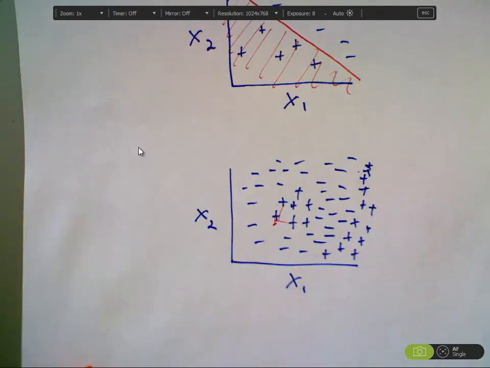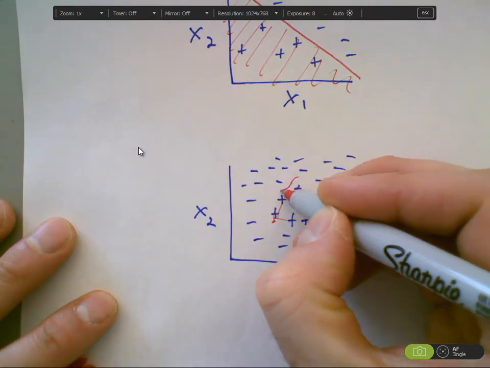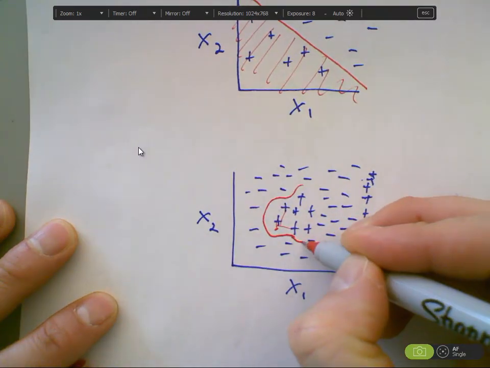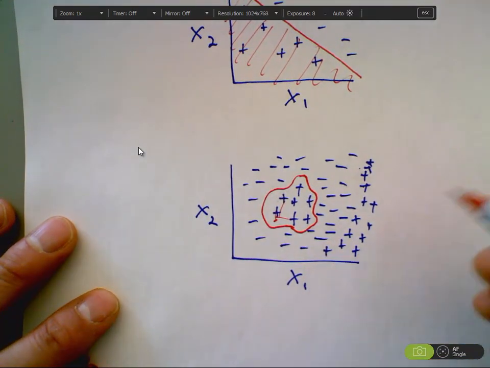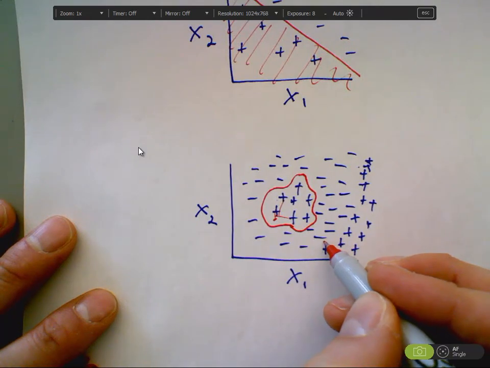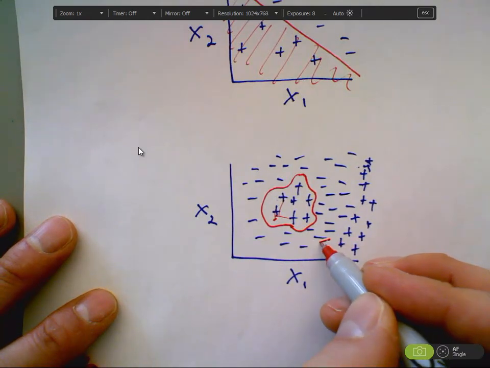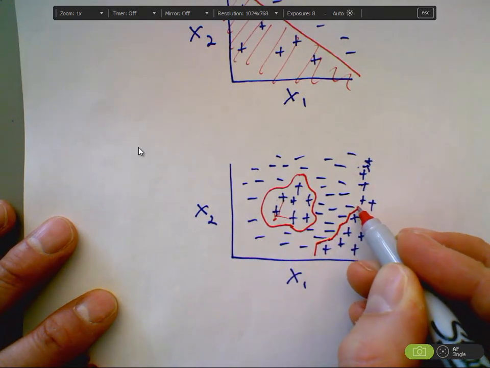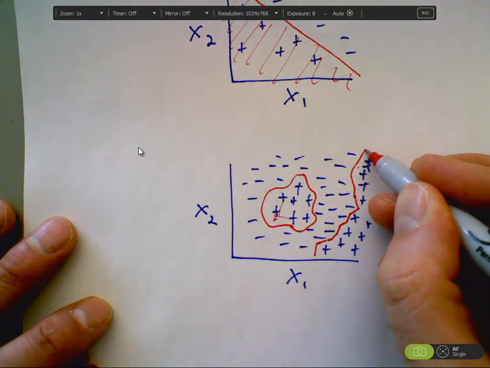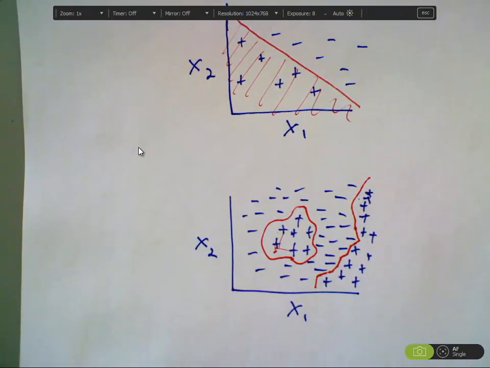So the decision boundary of the classifier, let's pretend we're doing one nearest neighbor, is going to be exactly halfway between a positive example and a negative example. Because if we're any closer to one or the other, then that's the way it would get classified. So that's the decision boundary we can learn with a nearest neighbor classifier. It's extremely complicated. So that's one advantage of nearest neighbor learners: they're very expressive. They can learn a very complex hypothesis.